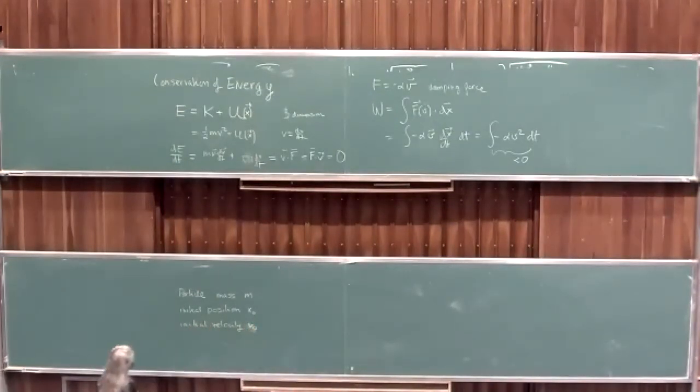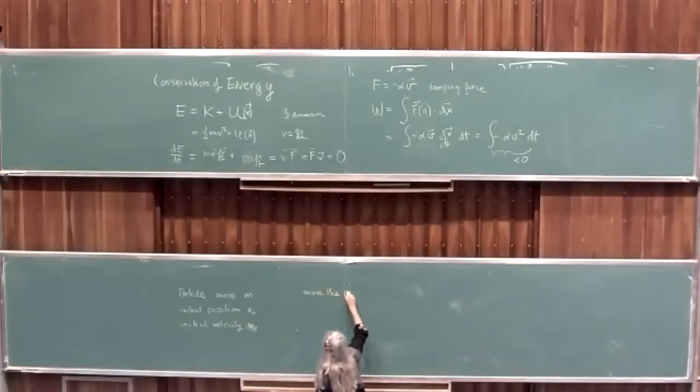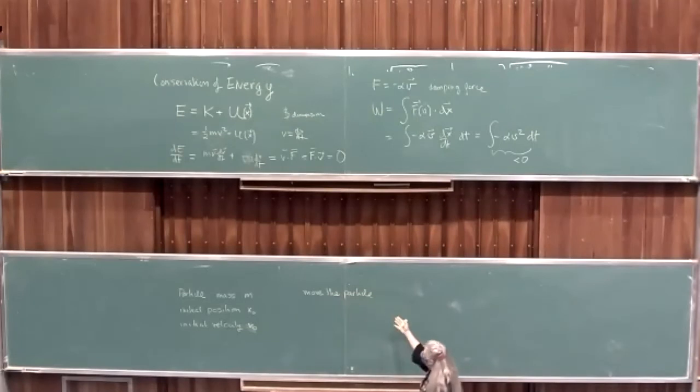Jumping ahead here. Okay, initial velocity V0. And now we're going to move it. It's not like we're moving it, we're letting it move under the force that it's under. And we're going to move it to this new position, x1. So the particle is moved. The question is now, what's the velocity?